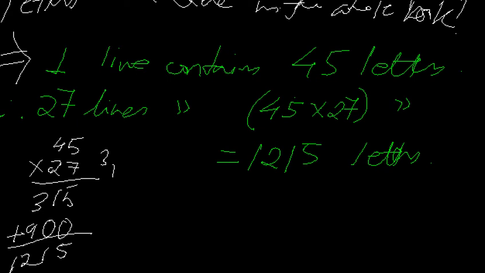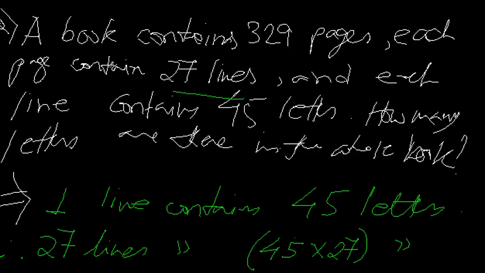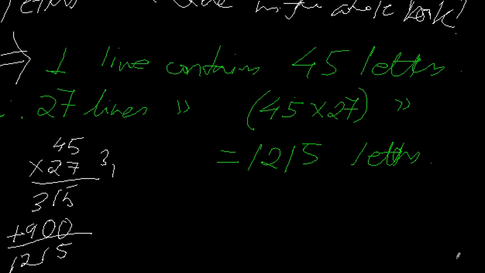Now see, next information, what do they give? They are saying that each page contains 27 lines. Then 329 pages will contain how many lines? You need to find out that information. Let me find it with a different color. They are saying one page contains 27 lines.